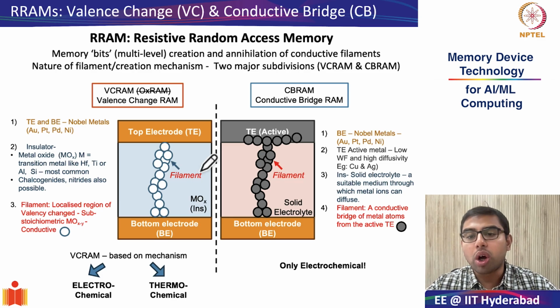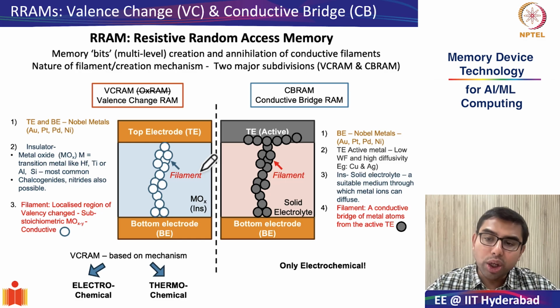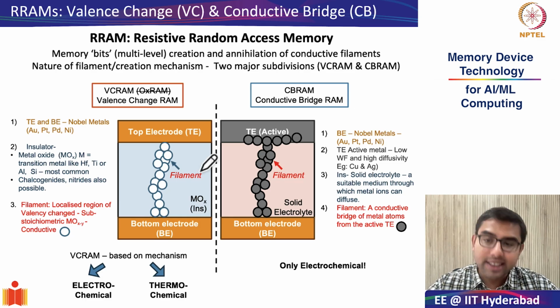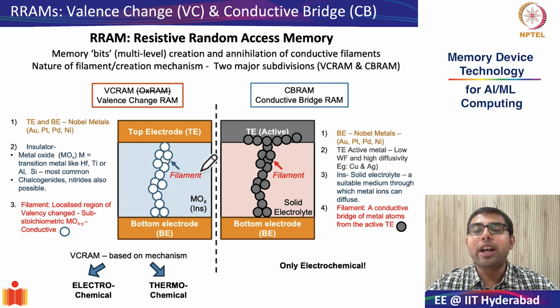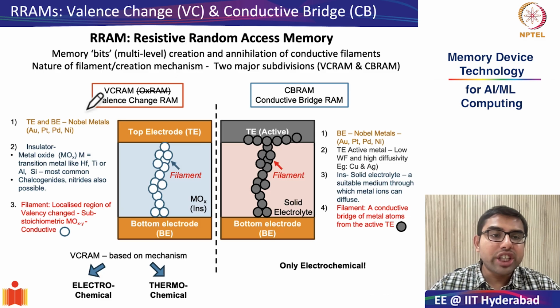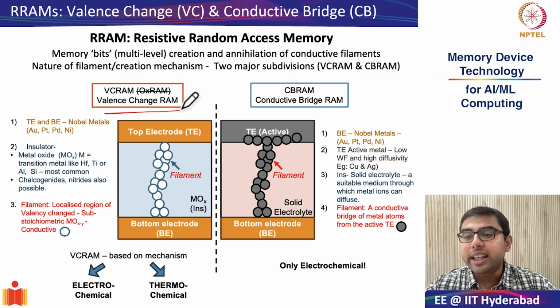Finally, depending on the nature and the creation or dissolution process of these filaments, several varieties of RRAMs are present, but we divided them into two main subclasses called the valence change RAM or VCRAM and the conductive bridge RAM or CBRAM.